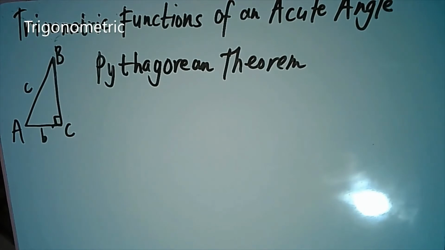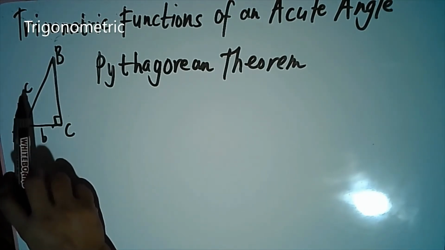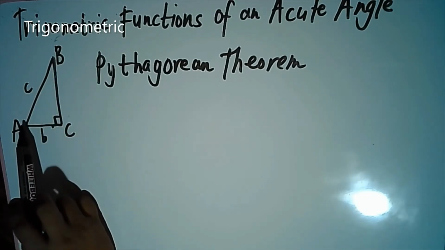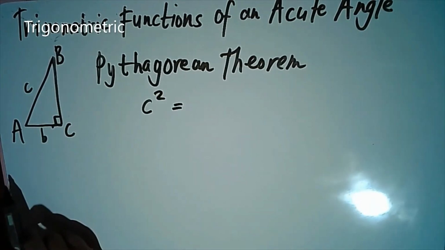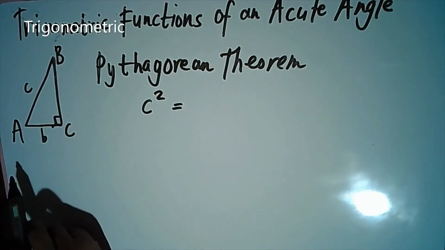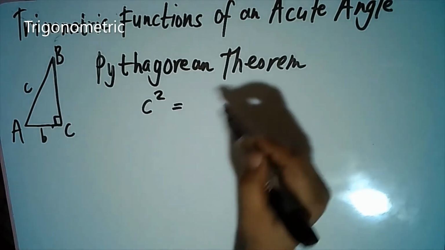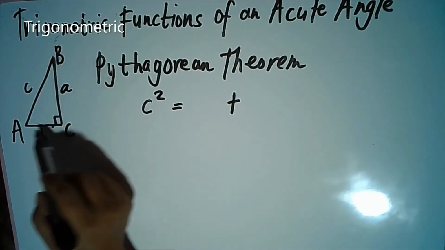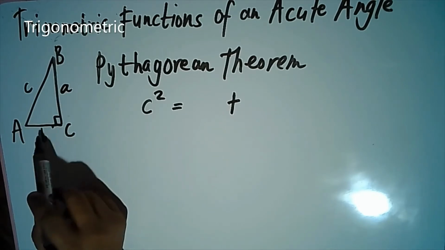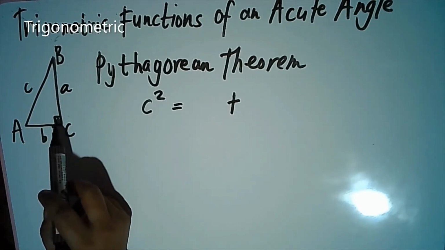The Pythagorean theorem states that the square of the hypotenuse of the right triangle is equal to the sum of the squares of the other two sides.